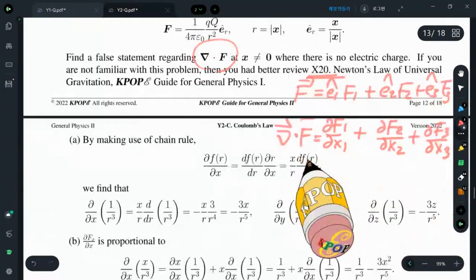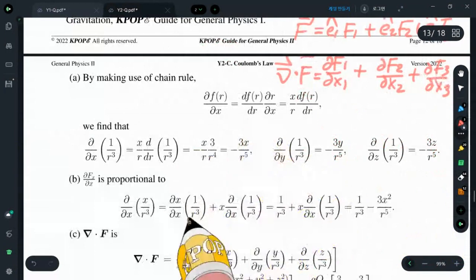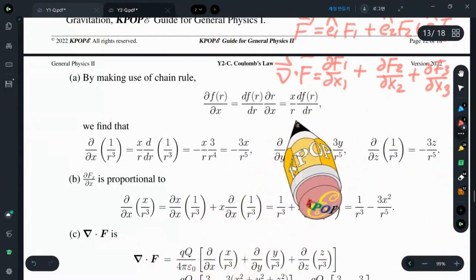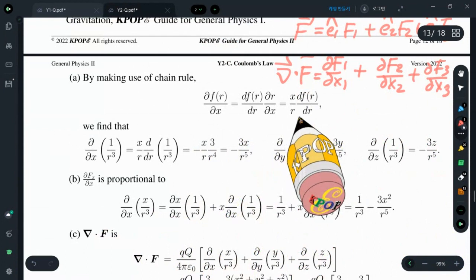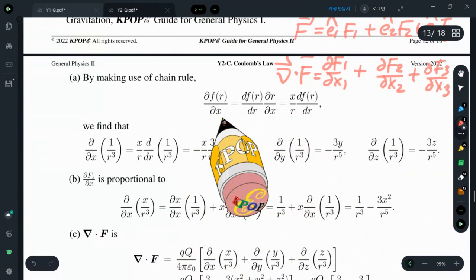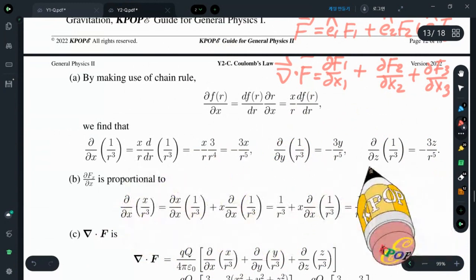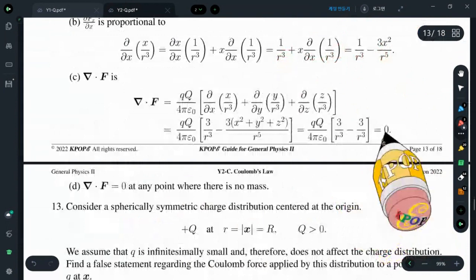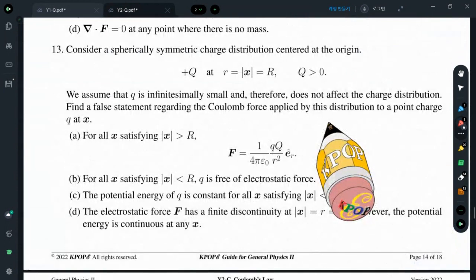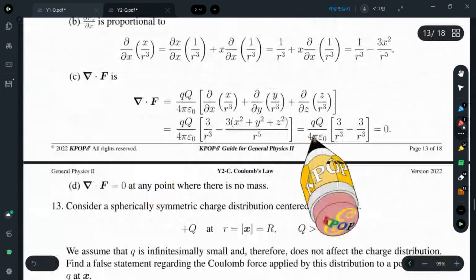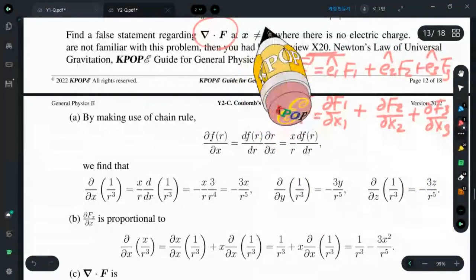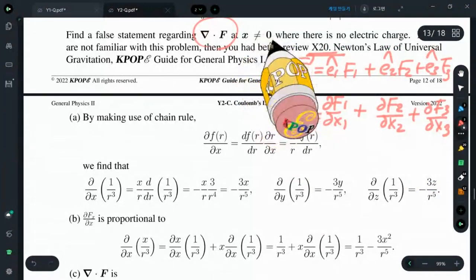So this is divergence. And divergence can be computed by using the chain rule in terms of radius r, and then taking the partial derivative with respect to x, y, and z. So you will find the divergence absolutely vanishes, except at the point x equals 0. So at x equals 0, the divergence diverges.